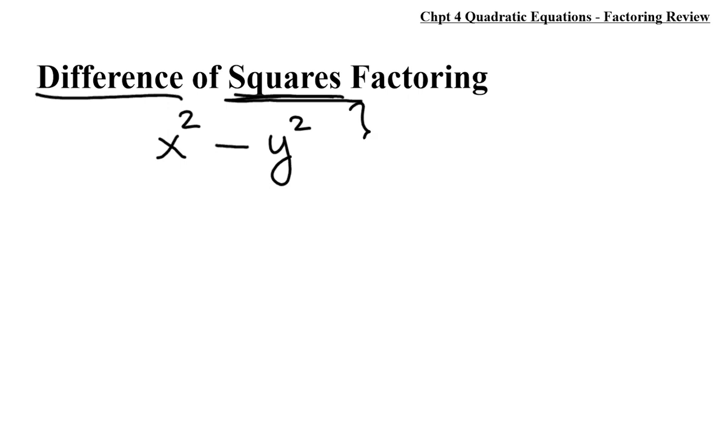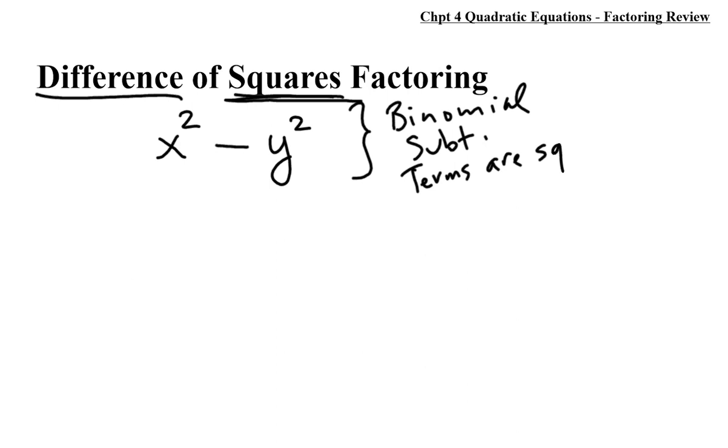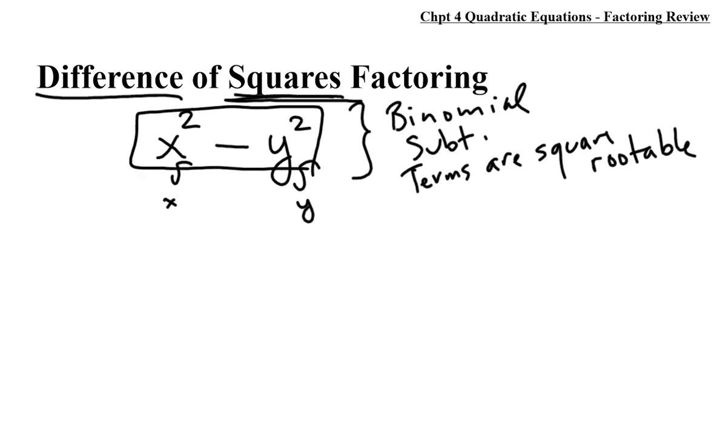Again, it's a matter of recognizing a binomial being subtracted, and each term is square rootable. Because I can square root x squared to get x. I can square root y squared to get y. So two terms being subtracted, each term is square rootable. Rootable. Don't know if it's a word, but I like it.